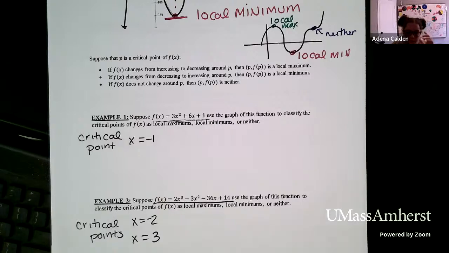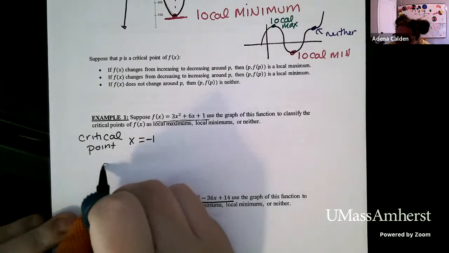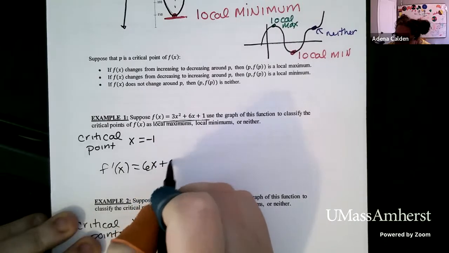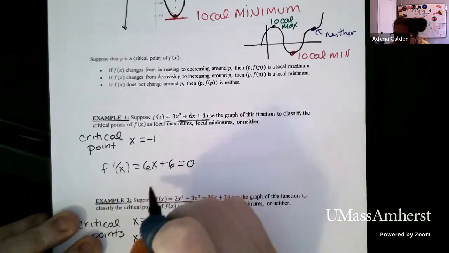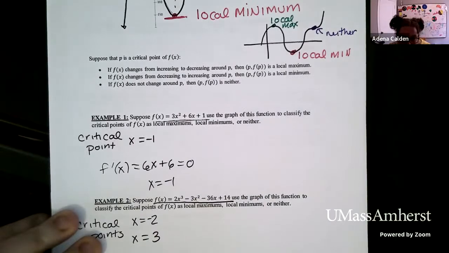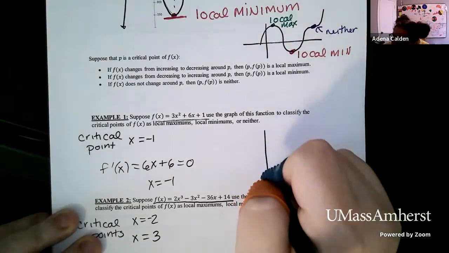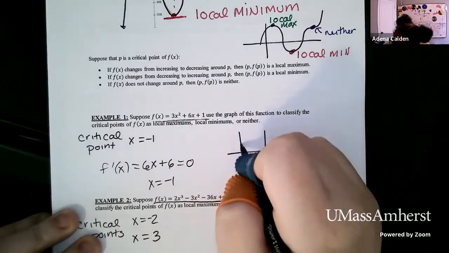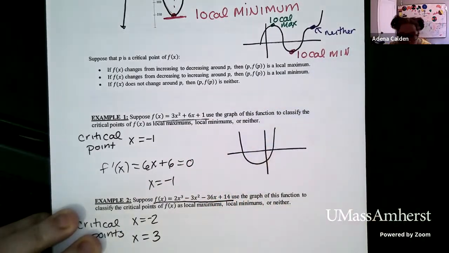Okay, so again, for example 1, if you double check the derivative, we have 6x plus 6. You set that equal to 0. That's how you get x equals -1. If you graph the original function, you get a parabola that looks roughly like this.